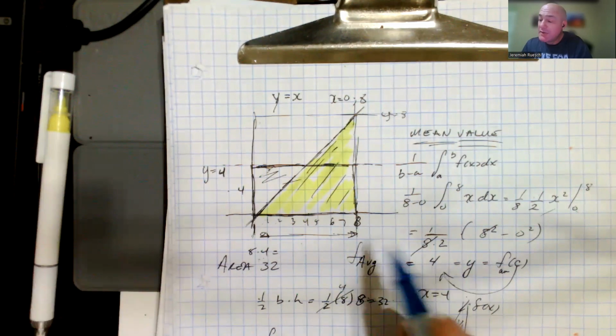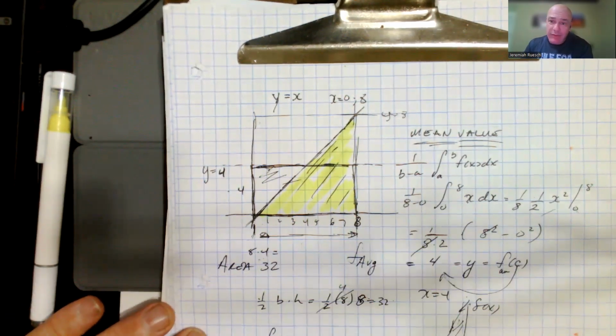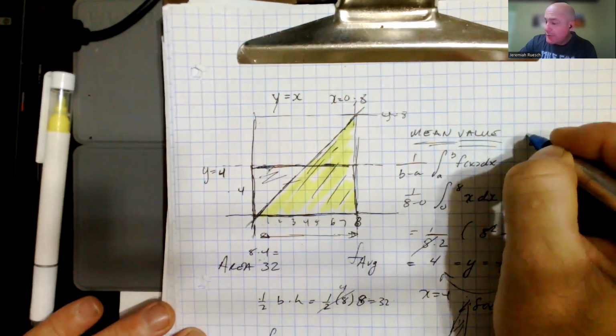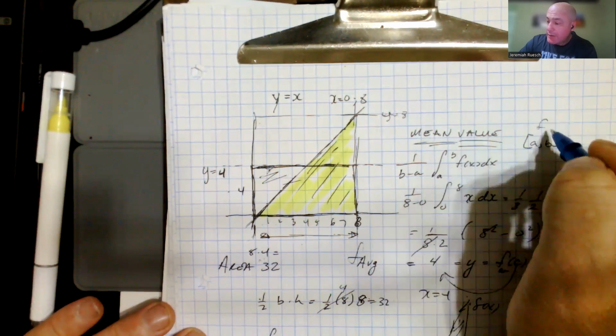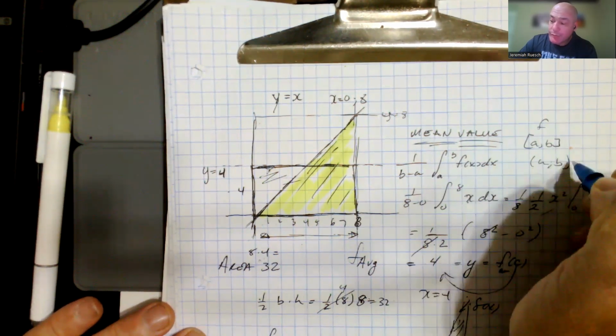Okay, so what is the mean value theorem really talking about? It's saying you give me a function that's continuous on the closed interval. So the function f has to be continuous on this interval and differentiable on this interval.